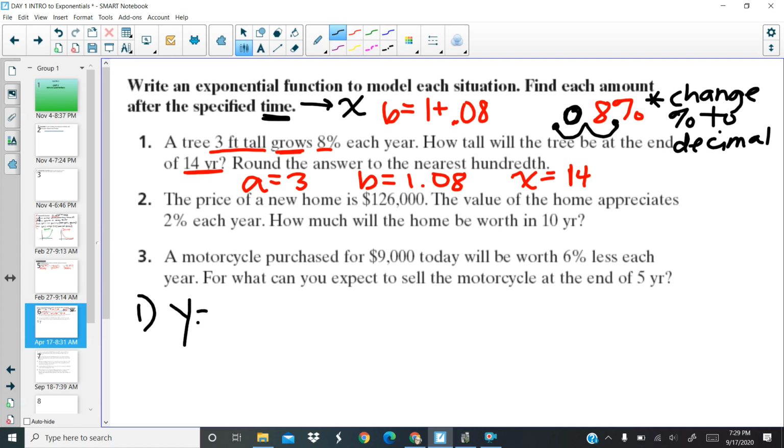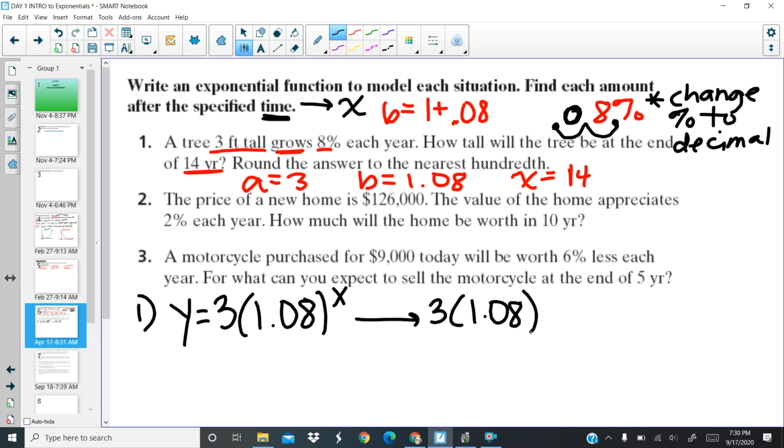I'm just going to write Y equals A, which is my initial height, 3 feet, times B, which was 1.08, to the X power. Then I'm going to plug in my 14 years for X and find out how tall that tree was after 14 years. So that's going to be 3 times 1.08 to the 14th power.